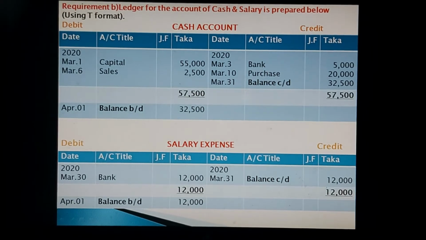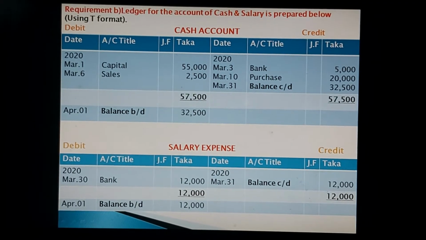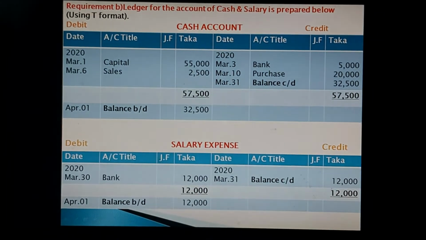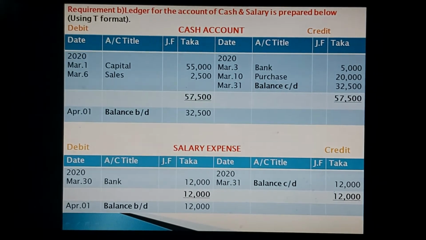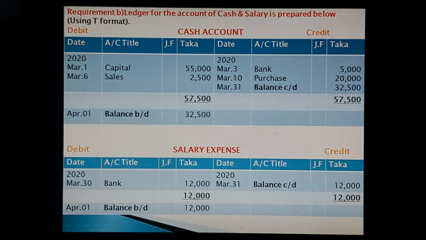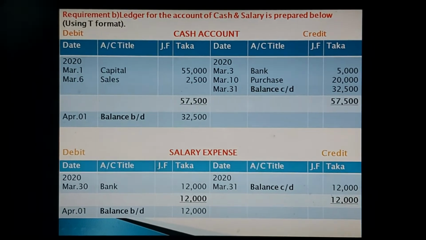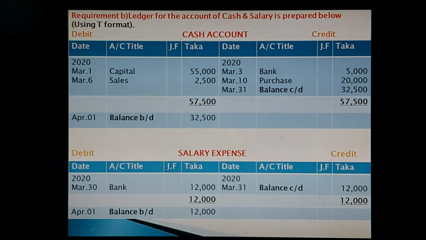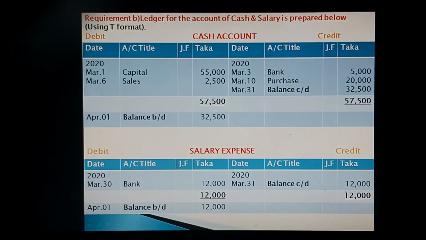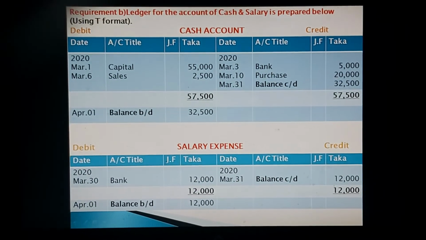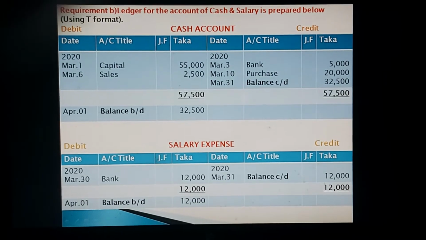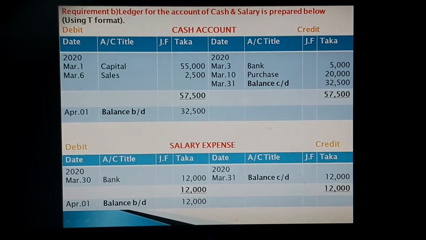In this way you have to complete the ledger account using T format. This is a fact, but you have to try it, you have to solve it more and more. Dear students, now you can go to the next one for requirement B, the salary expense.